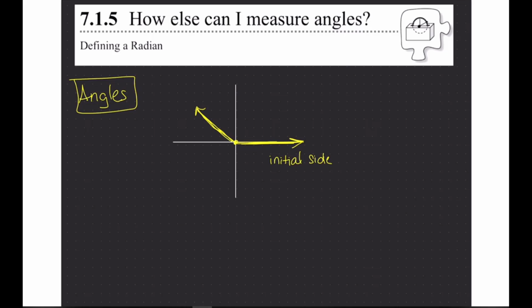Since that is where I end, this side is called my terminal side. If you go to an airport so you can get on a plane, the plane is not in the building. The plane has to be on the outside of the building, so you have to get to the end of the building before you can get on the plane.